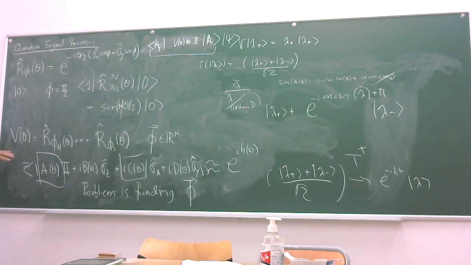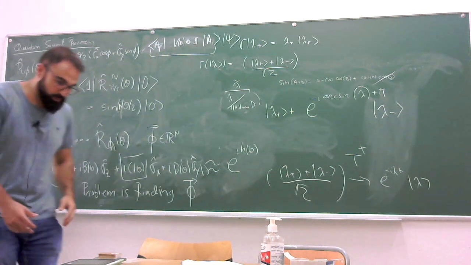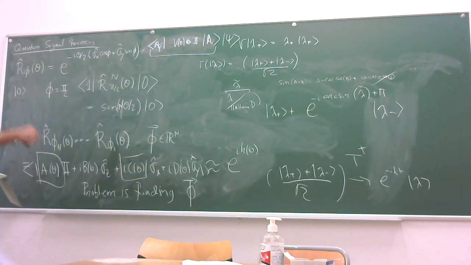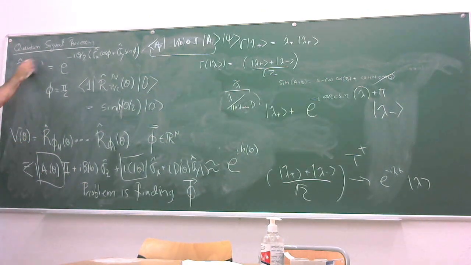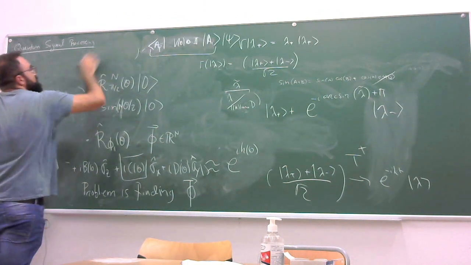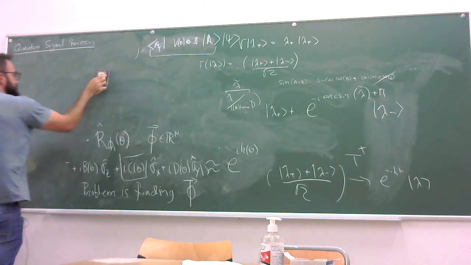Actually, one of the main problems is what functions are achievable with this combination of observables. Okay, so let's recap. This is the first thing in quantum signal processing, that using these unitaries we can reconstruct functions.